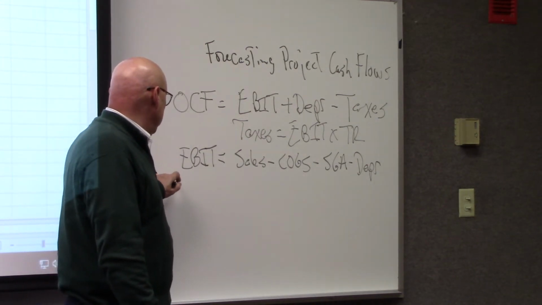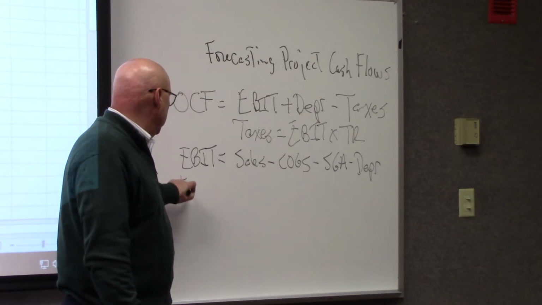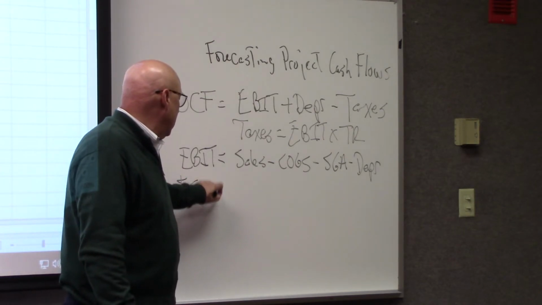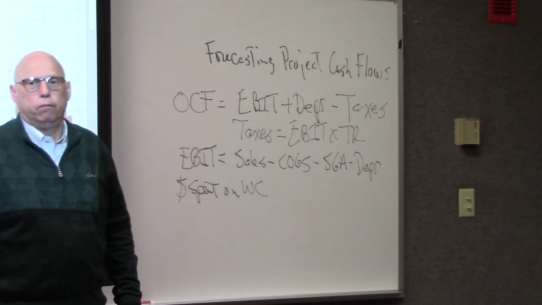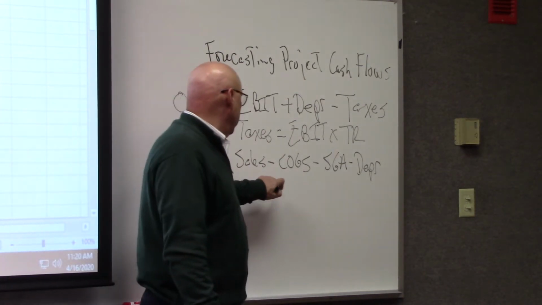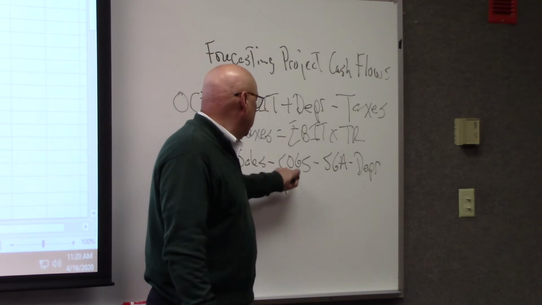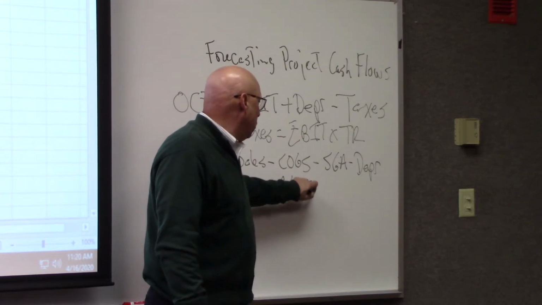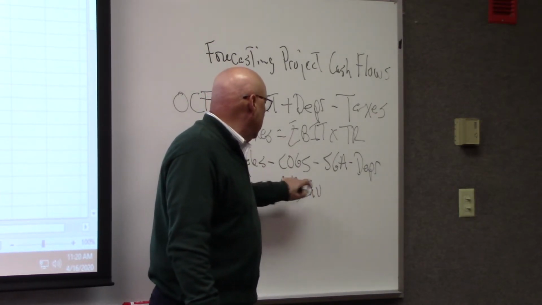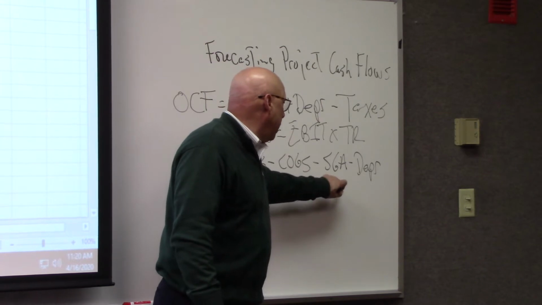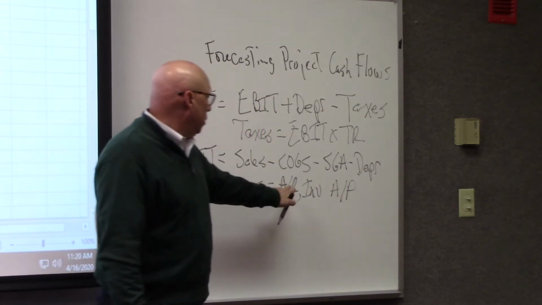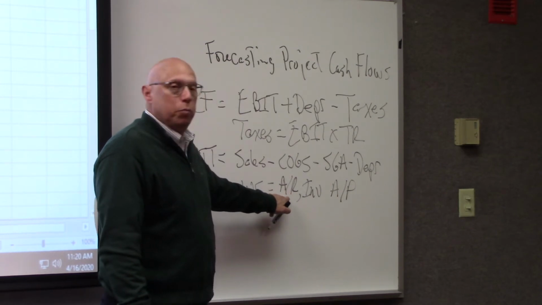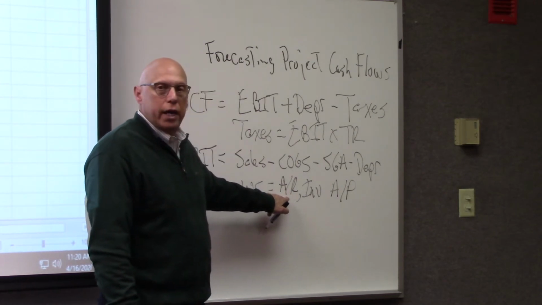Next, you have to account for the money spent on working capital, and that is accounts receivable, inventory, and accounts payable. If accounts receivable goes up, that is cash spent.